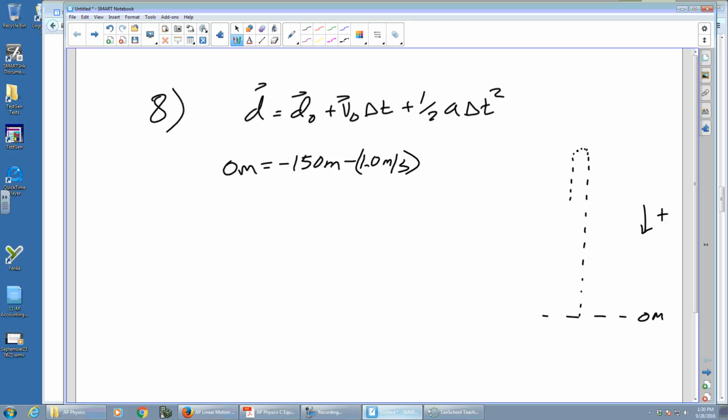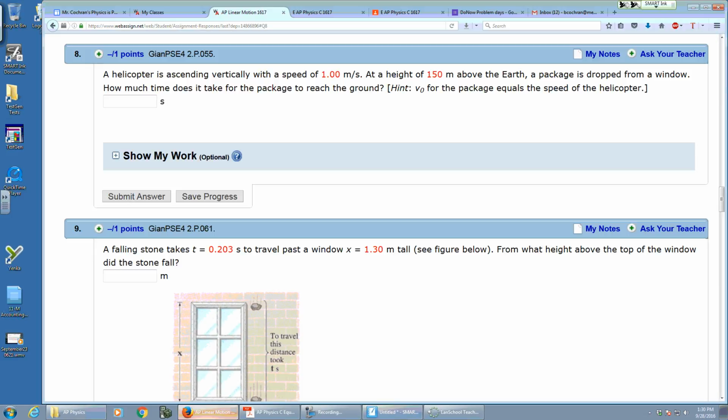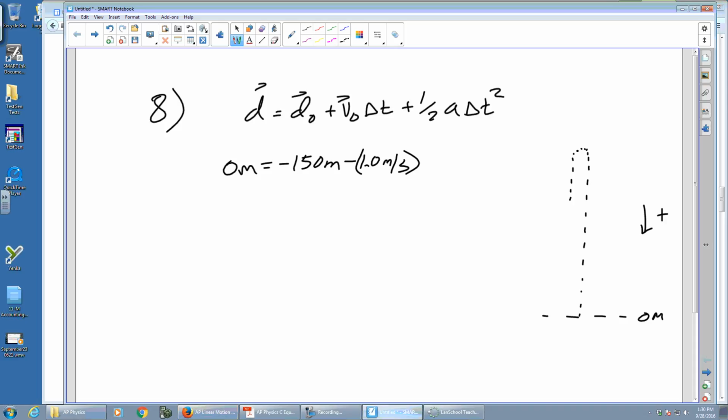And I don't know the time, right? That's what I want to know. That's a good thing. Delta T plus 1/2, 9.81 meters per second squared, delta T squared. Yep, that'll do it. Solve for delta T.